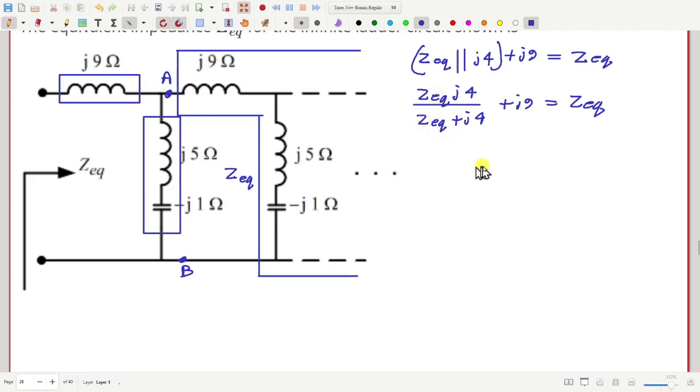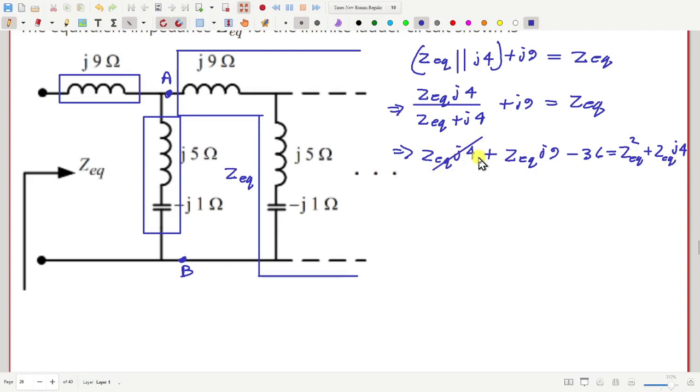So please do it together with me. From this we get J4 plus J9 plus J square is minus 36, and the right side will be Z squared plus J4.